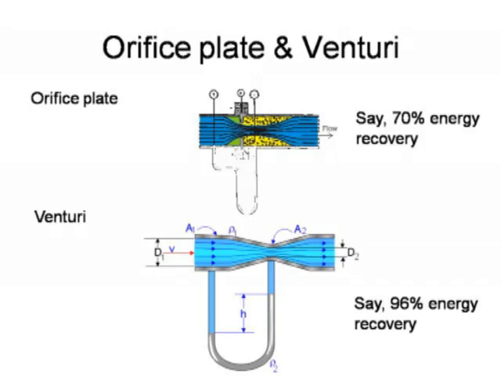There is a little bit of energy loss with the orifice plate as the flow shrinks down to get through the point of the narrowest flow. That's shown in green in the top orifice plate diagram. There's not a lot of turbulence there.